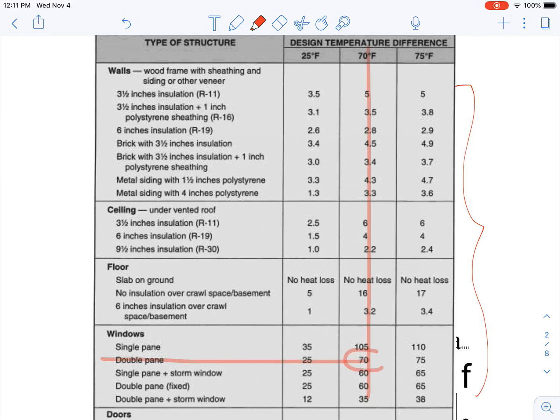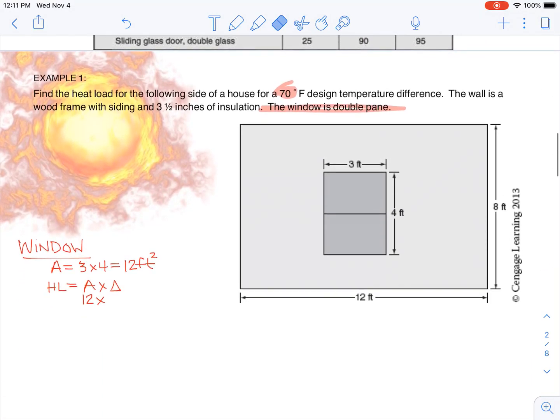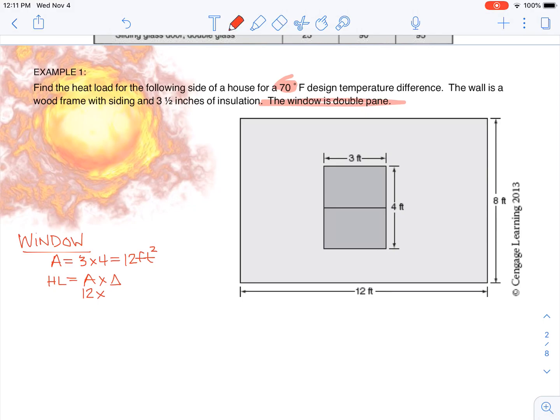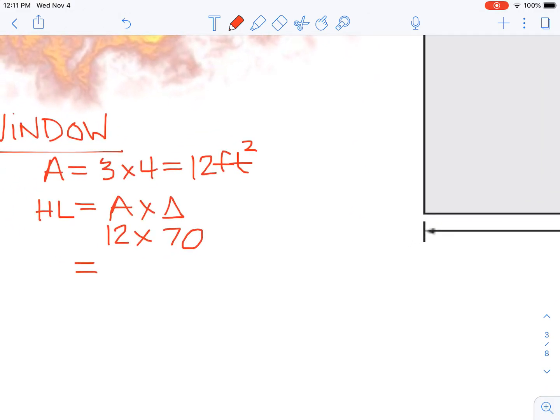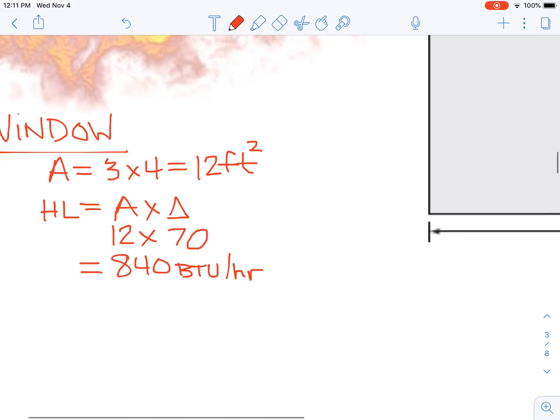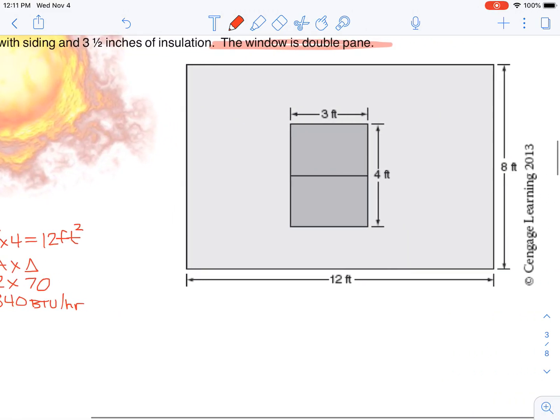So our coefficient of change is going to be 70. We take this times 70. So 70 times 12 is 840 BTUs per hour being lost through that window.